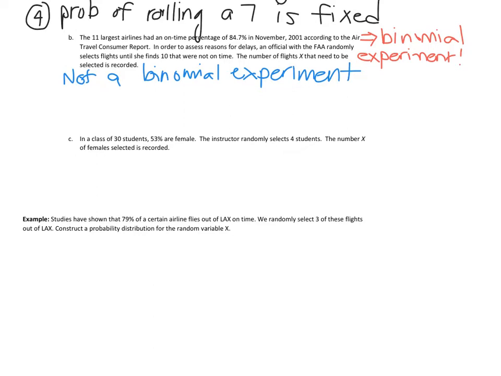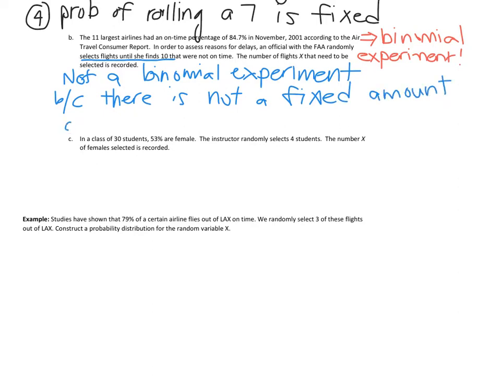She is going to keep randomly selecting flights until she finds 10. So that's why it's not binomial, because there is not a fixed amount of trials.